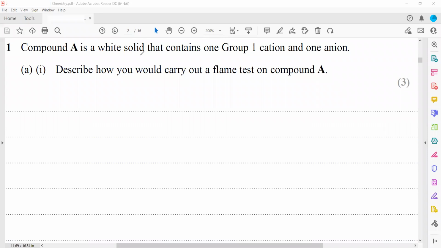So compound A is a white solid that contains one group 1 cation and one anion. Describe how you would carry out a flame test on compound A. It's 3 marks, and this is a very common question you will find in the exam, the procedure to carry out a flame test. So first, we take a nichrome wire or a platinum wire.